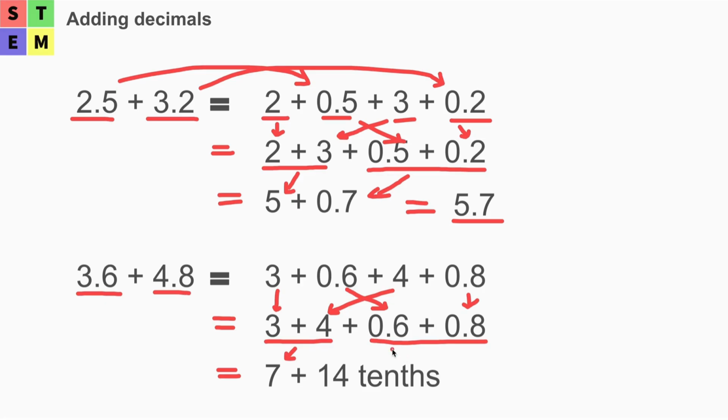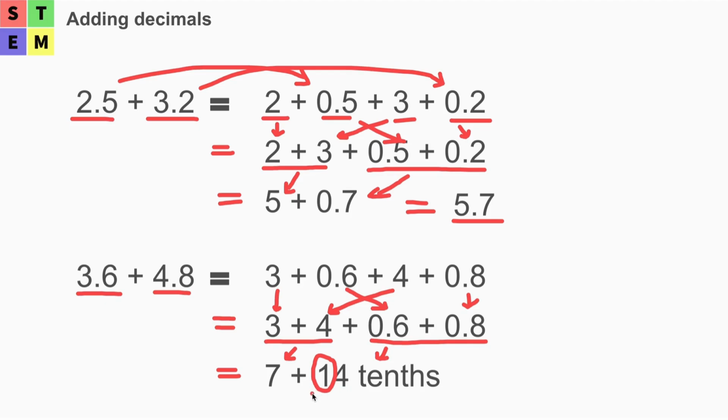And 0.6 plus 0.8 is 14 tenths, right? So I write it specifically this way, 14 tenths. Why is that? Because we got 10 tenths there, and we know that 10 tenths is equal to 1, right?